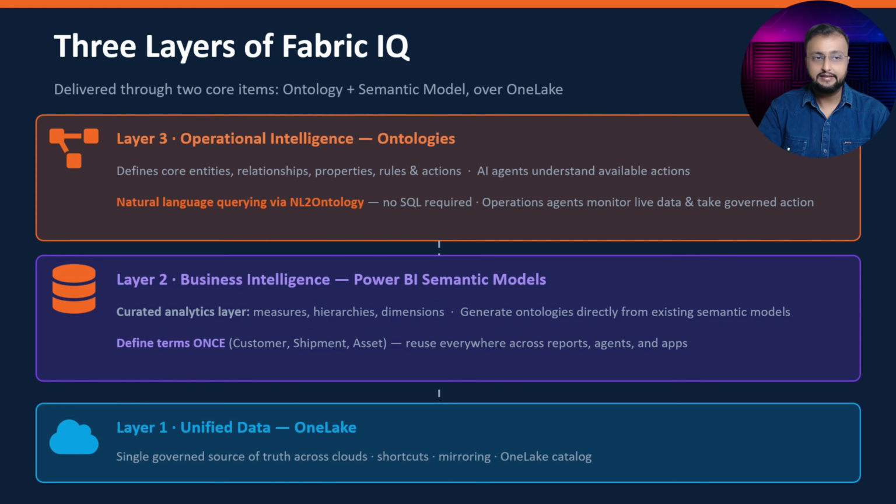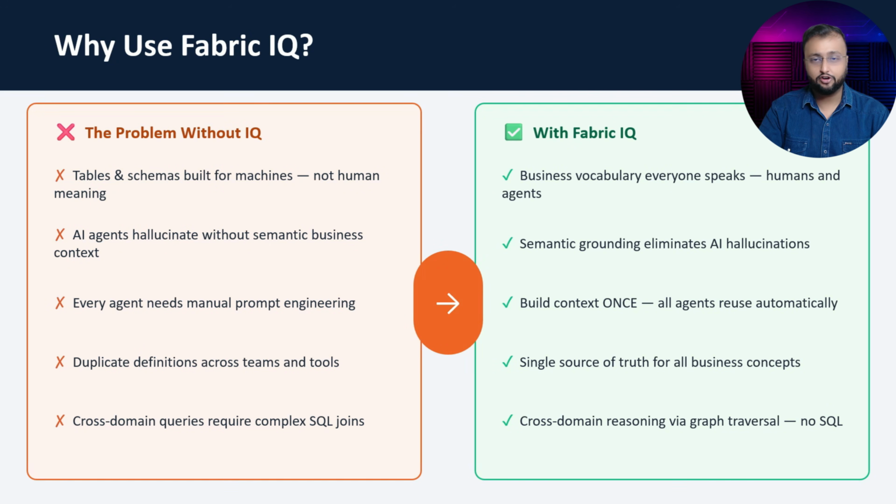Now let's talk about why we should use Fabric IQ. What is the problem if you're not using Fabric IQ versus using it? The number one thing is that if you are not using IQ, tables and schema are built for machines, not for human meaning.